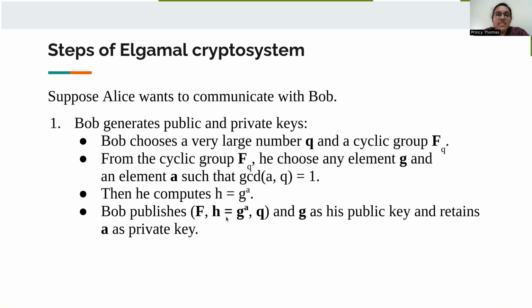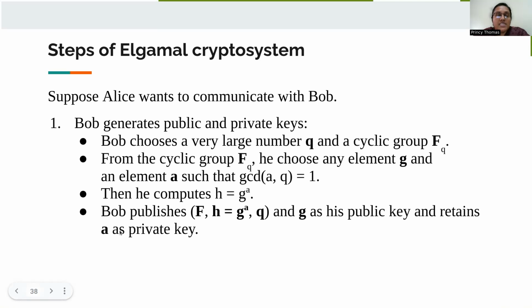So F, H, and Q are sent over the internet. Okay, here G raised to A is actually his public key. So G raised to A is his public key and A is his private key. So H is known publicly and A is kept private.